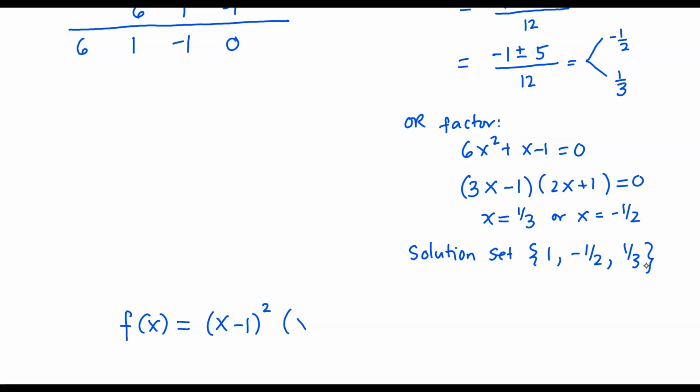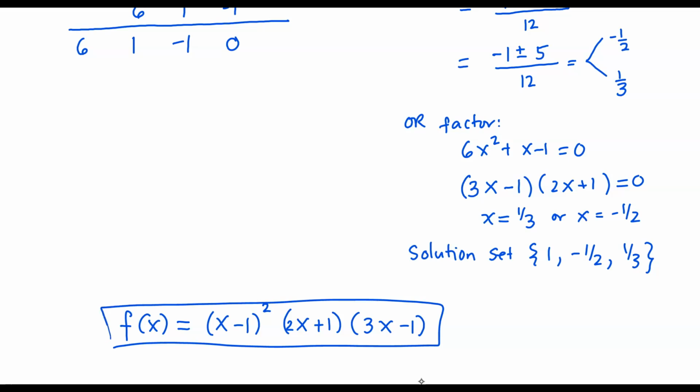And then you can also write the fraction roots as 2x plus 1, and then 3x minus 1. So that's the completely factored form of your polynomial.